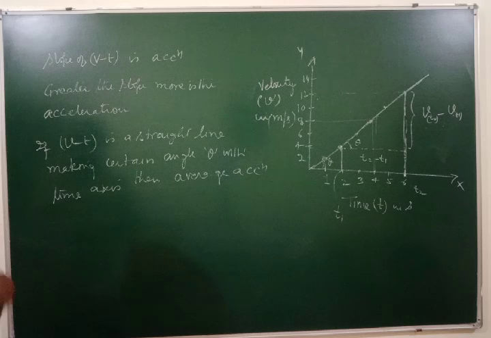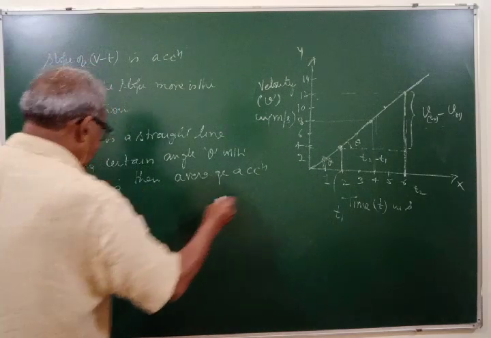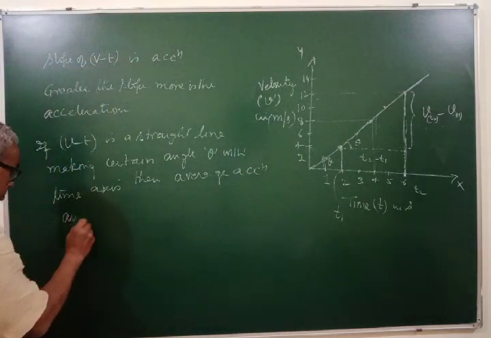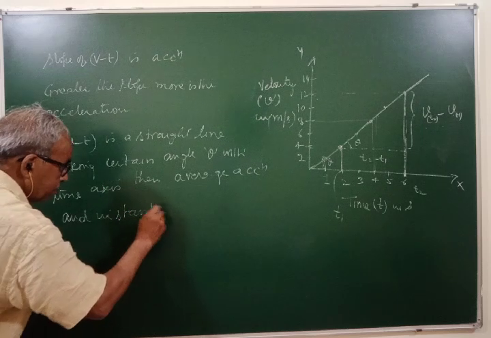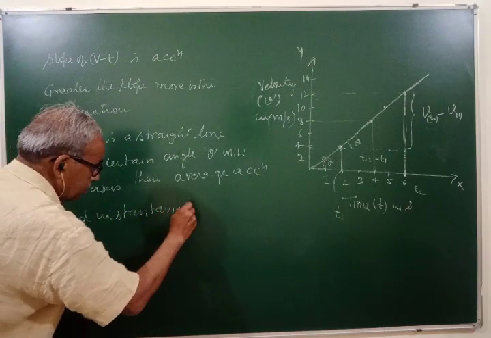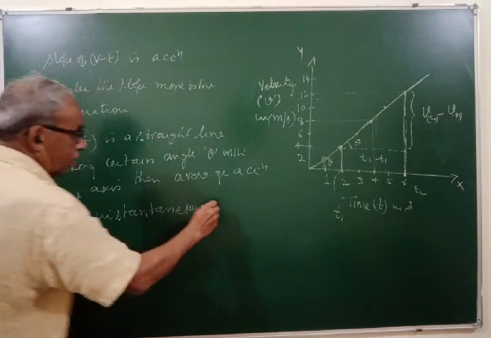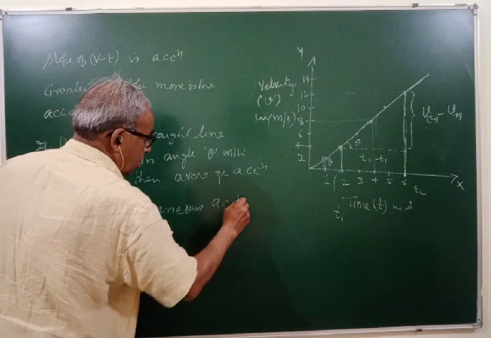So for a straight line at a certain theta with the time axis, average acceleration and instantaneous acceleration are equal.